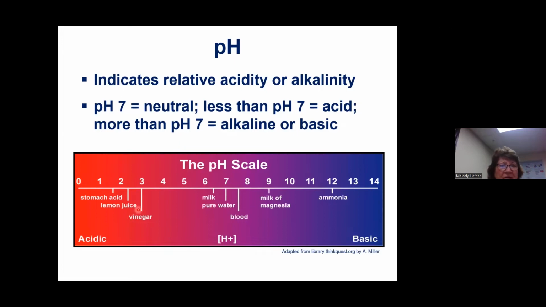So vinegar's down here at a pH of 3, it's acidic. And ammonia's up here at a pH of 12, it's alkaline or basic. Each change in number on this scale is a 10-fold change in the activity of hydrogen.